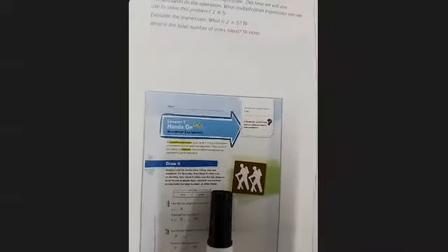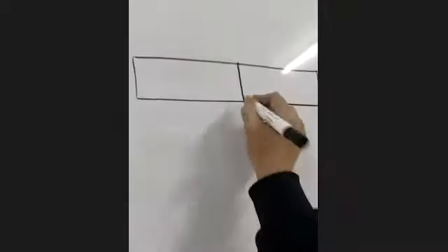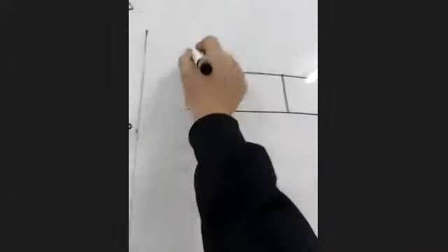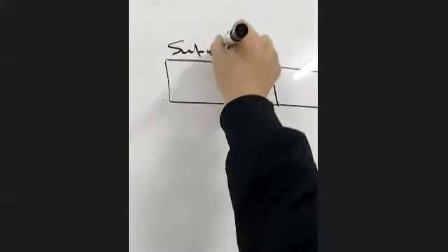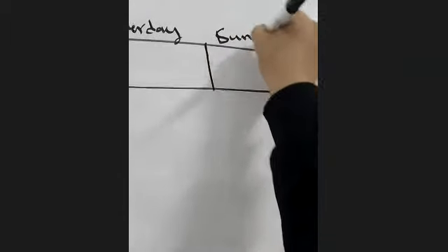Okay. Look at the board, guys. Here we have something we call a bar diagram, like this one here. And here we have 2 days. They hiked in this trip 2 days, on Saturday and on Sunday, right?